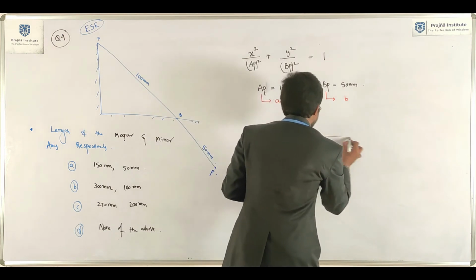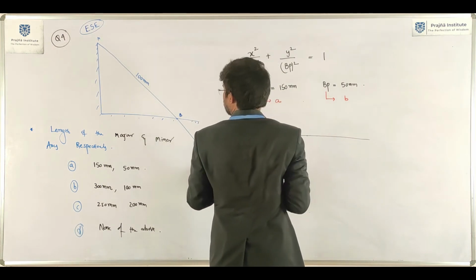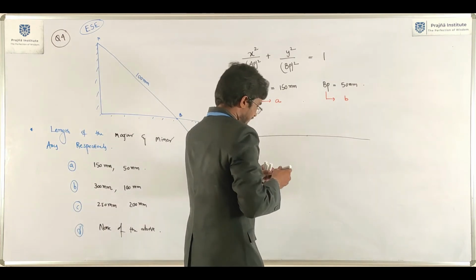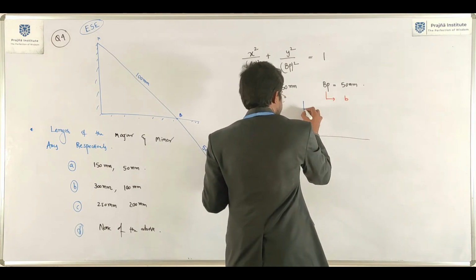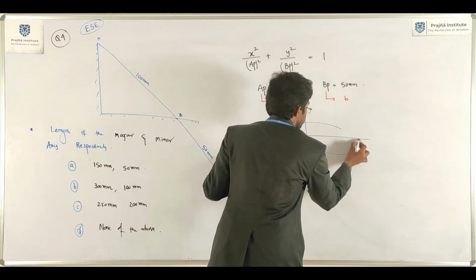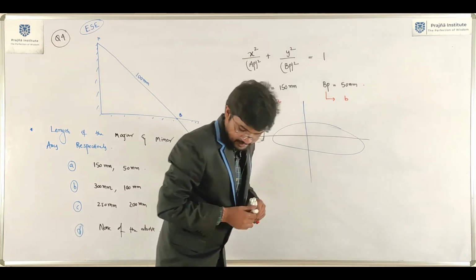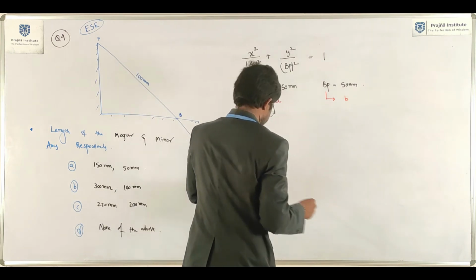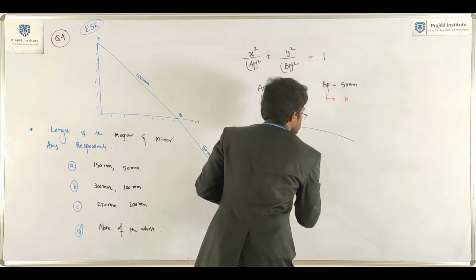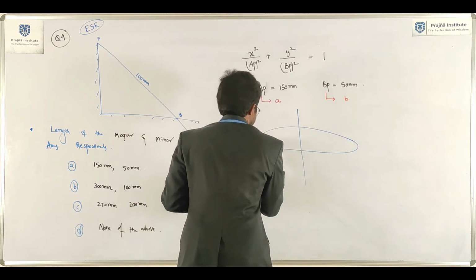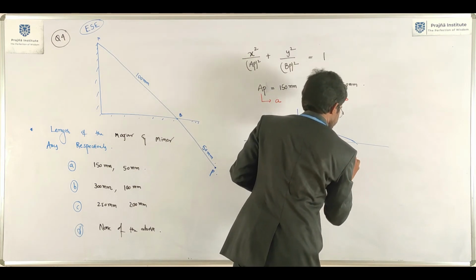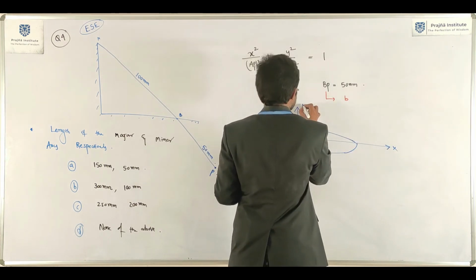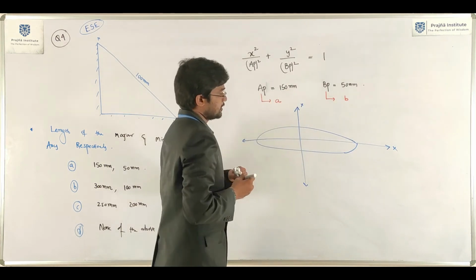That means you can draw an ellipse, keeping this here, with X and Y axes.